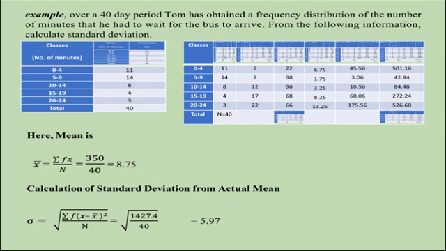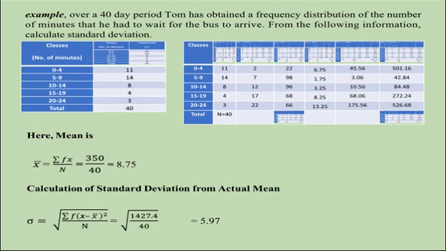The following information is given to calculate the standard deviation. We have class intervals 0 to 4, 5 to 9, 10 to 14, 15 to 19, 20 to 24. And number of days are given 11, 14, 8, 4 and 3.